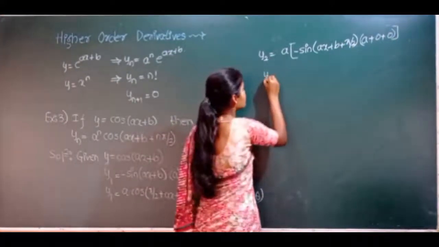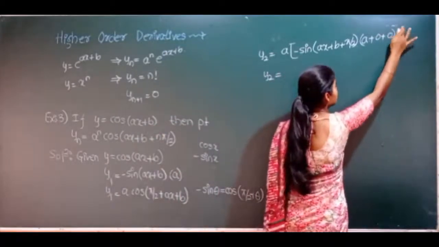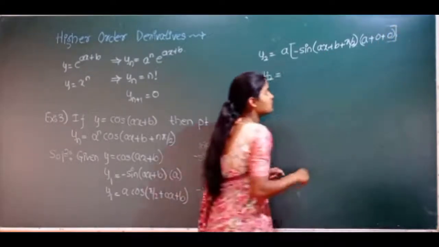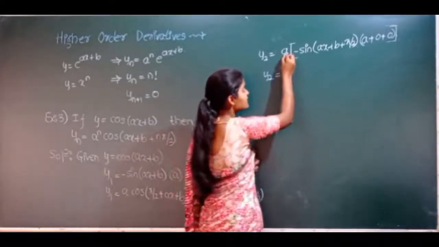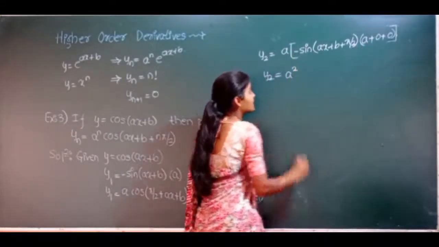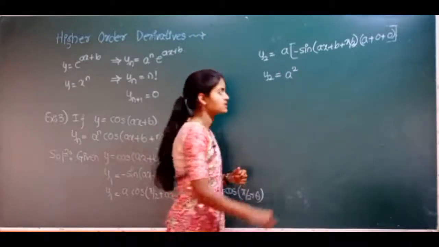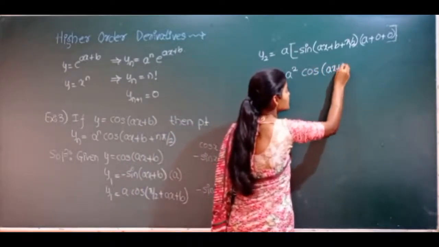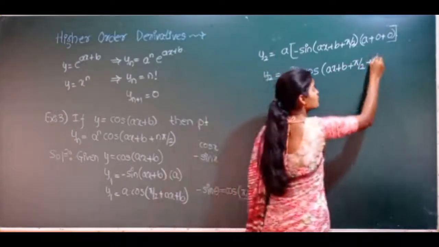Now therefore y2 is equal to what we got? Here again I can write y2 now. Here it is a into a, that I will take as a square, and again the minus sign is there, that I will convert to cos. How do we convert this?